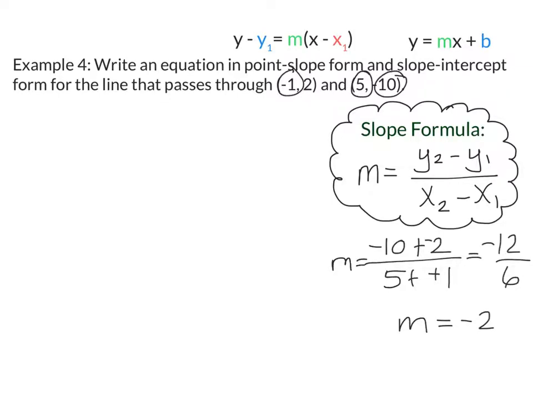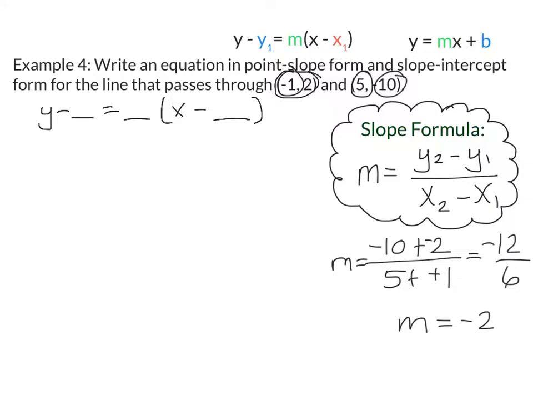Okay, so now I'm ready to write the equation in the point slope form. So my template is y minus y1 equals m times x minus x1. And you can use either (-1, 2) or the coordinate (5, -10). So you could use either ordered pair. But just for the sake of things, I'm going to use -1 and 2.